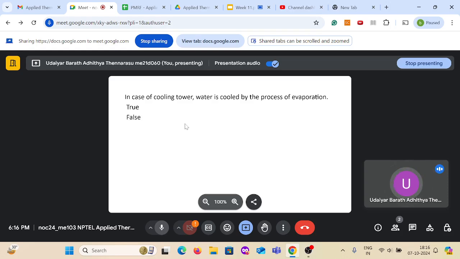The water is at a higher temperature and you want to cool it. The air coming in contact with the droplets is not saturated, so it will pick up some water and go away.